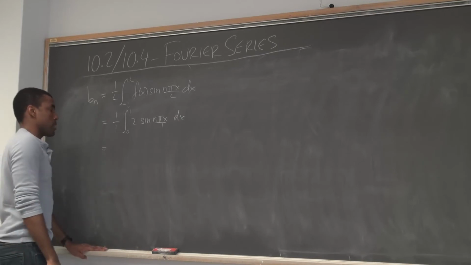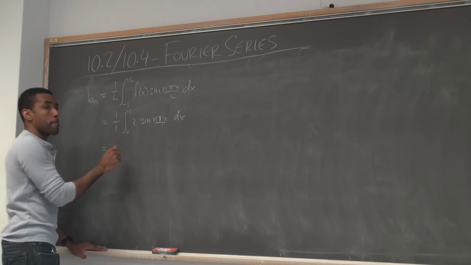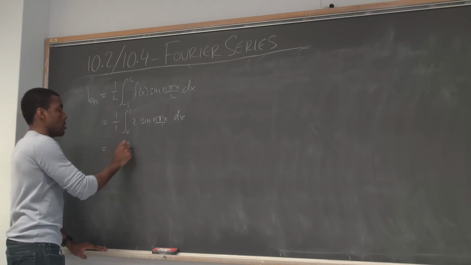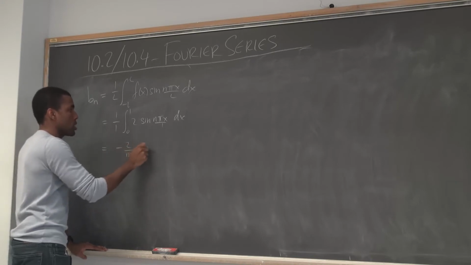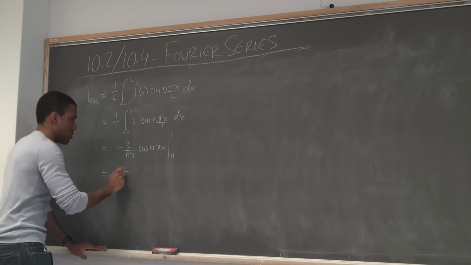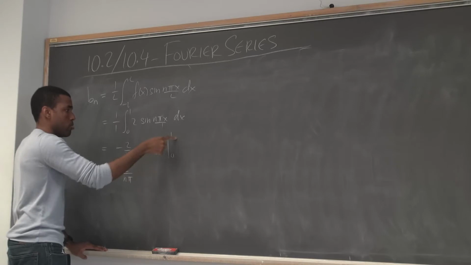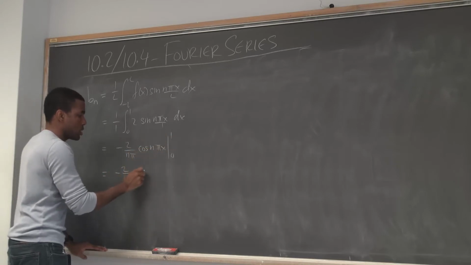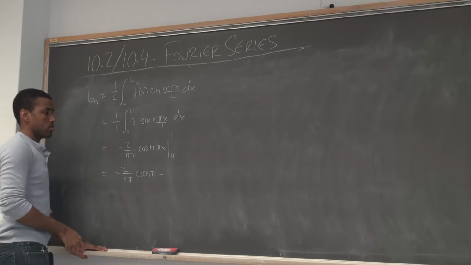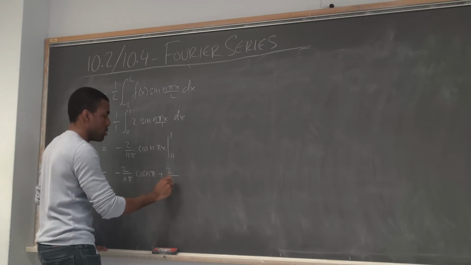The integral of sine n pi x is negative 1 over n pi cosine n pi x, between 0 and 1. So now we plug in 1, we get cosine n pi, minus plug in 0. Cosine of 0 is 1, so this just becomes plus 2 over n pi.